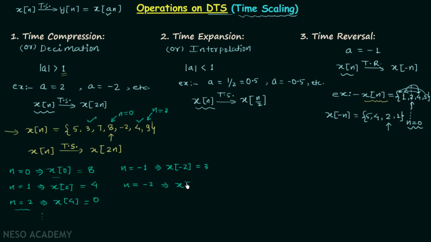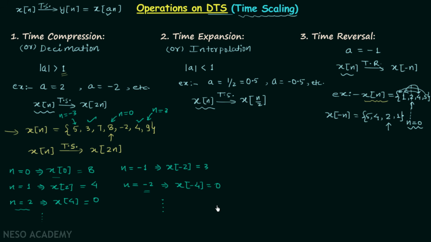This will give us x(minus 4), and x(minus 4) is equal to 0, because 5 is the value of x(n) when n is equal to minus 3. For minus 4, for minus 5, all the way to minus infinity, x(n) is equal to 0. Therefore when you calculate x(2n) for the values of n which are less than or equal to minus 2, you will get 0.